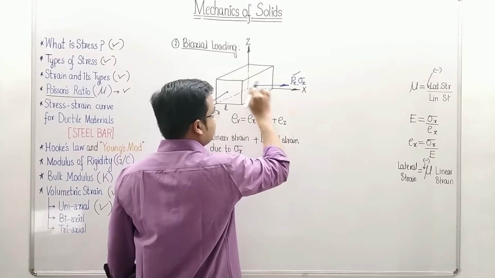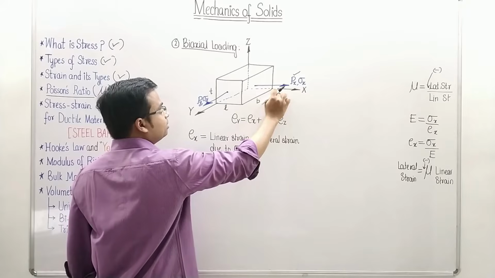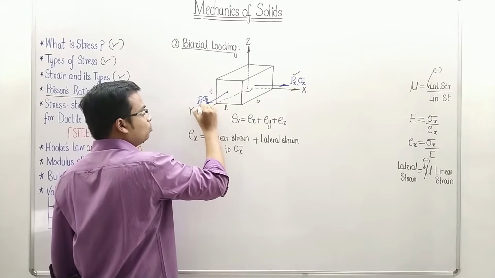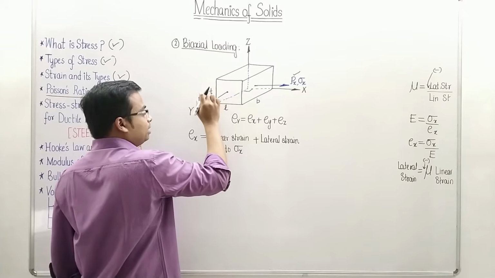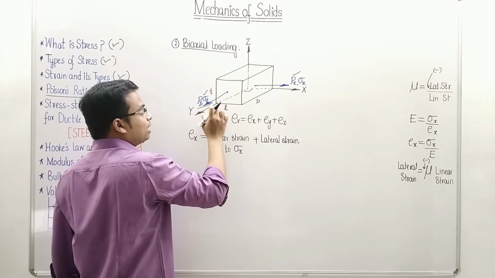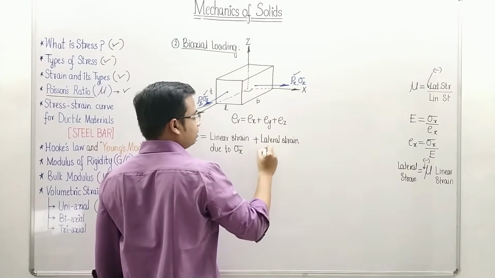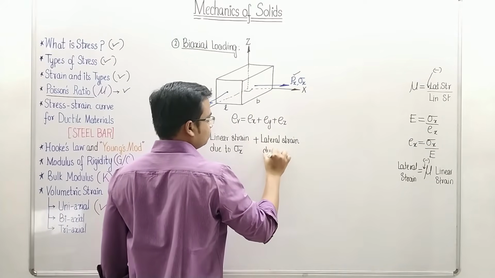Along this x direction, the y direction is perpendicular, and the nature of the stress due to sigma y is such that it will try to decrease this length, so there is lateral strain due to sigma y.